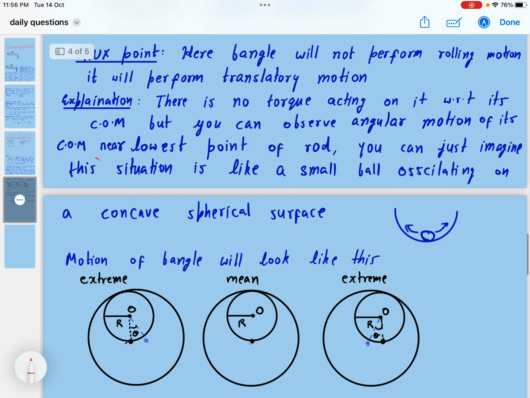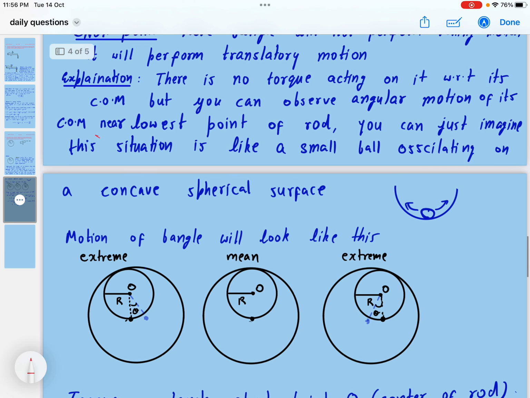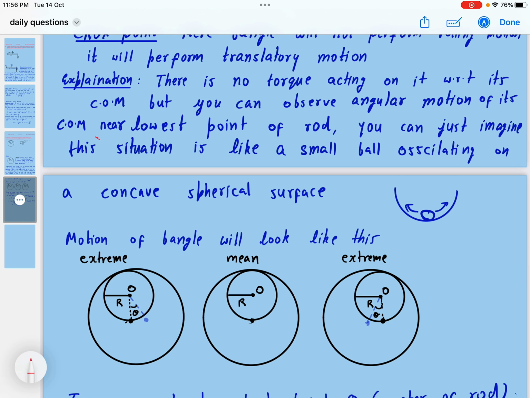Now how will the motion of the bangle look? See, that will be the motion. If you displace it slightly towards the right, the topmost point of the bangle will rise up slightly, and you release it from here. Upon release, it will come down due to gravity and gain velocity.